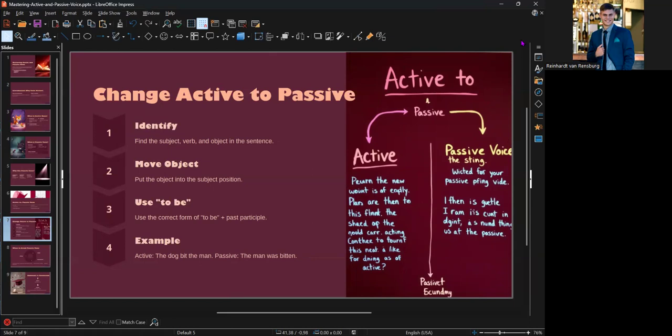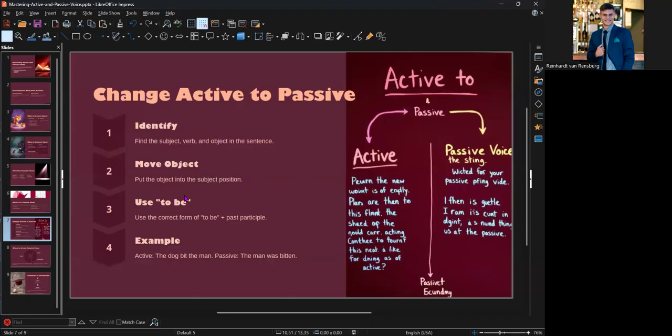Number 2 would be to move the object to the subject position. So, the classroom. Number 3 would be to use a form of "to be", and this would be: the classroom was cleaned.